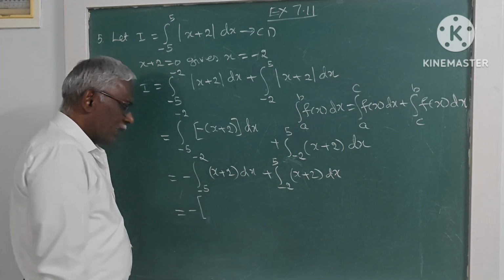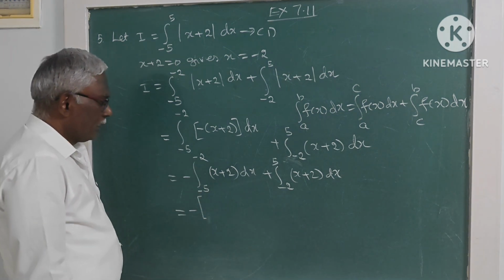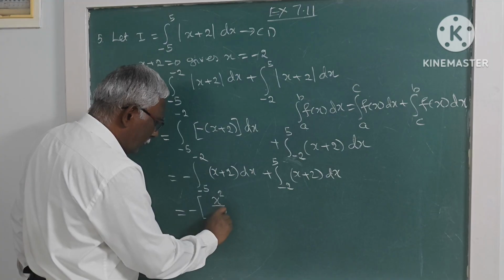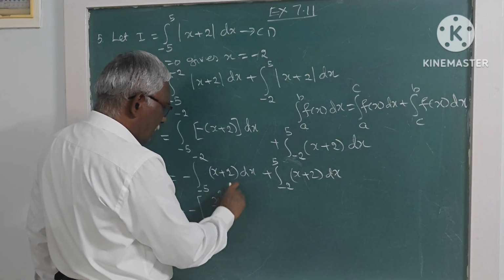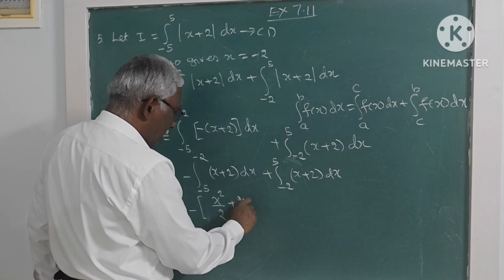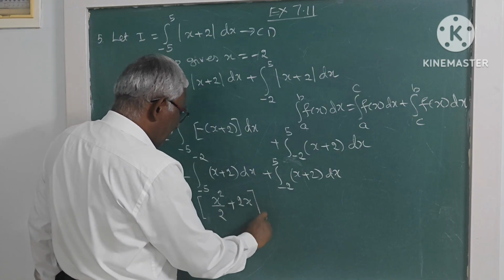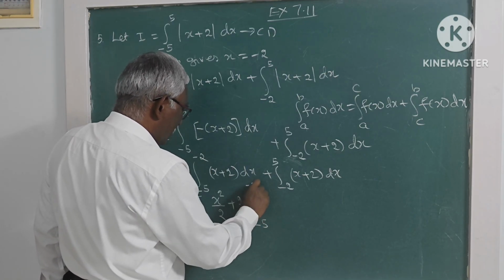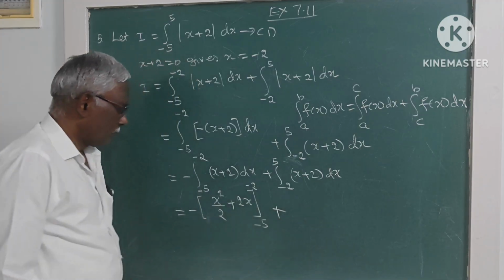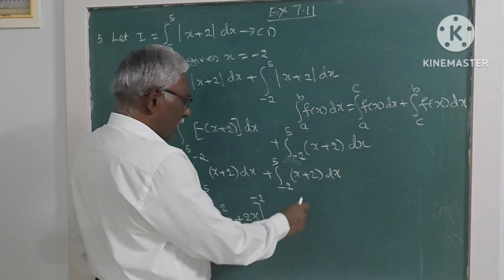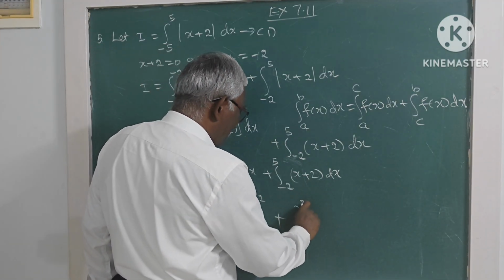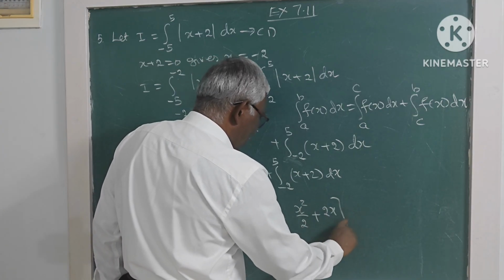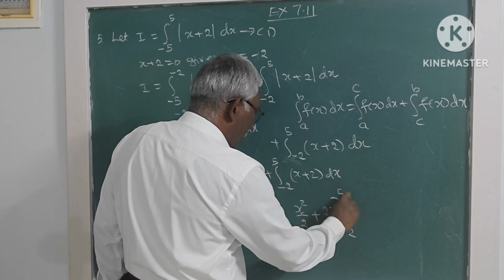If we integrate x with respect to x, what will come? x square by 2 plus, on integrating 2, this will become 2x, then we put the limits minus 5 to minus 2. Plus, on integrating x we get x square by 2, again 2x, here varying from minus 2 to 5.